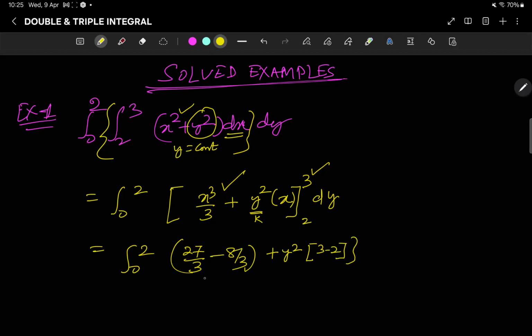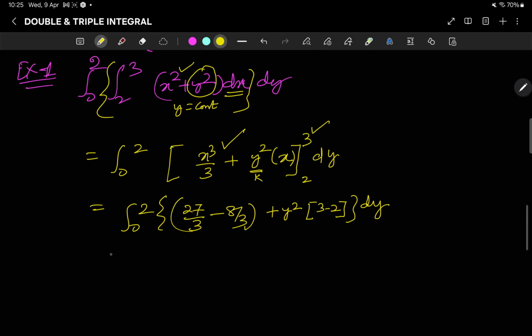Now it is integrated with respect to y. So this is equal to integral 0 to 2, (19 by 3 plus y square) dy.